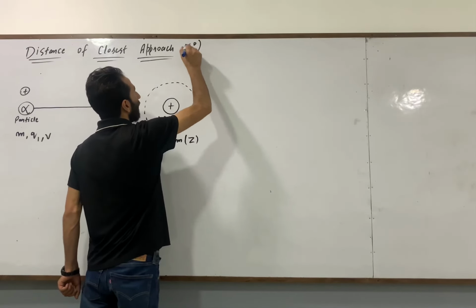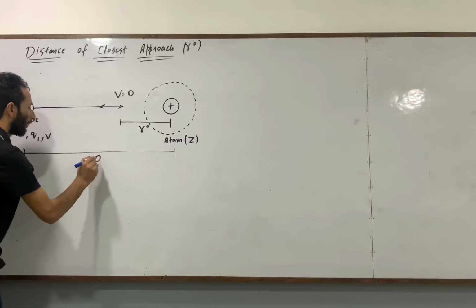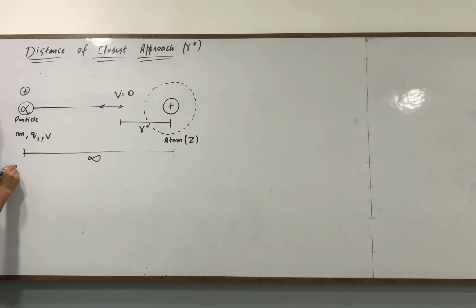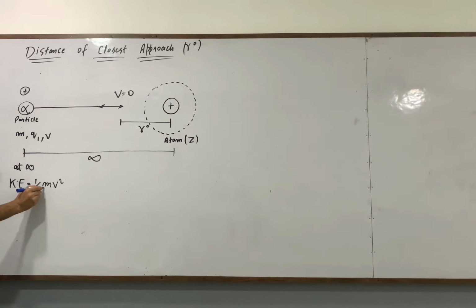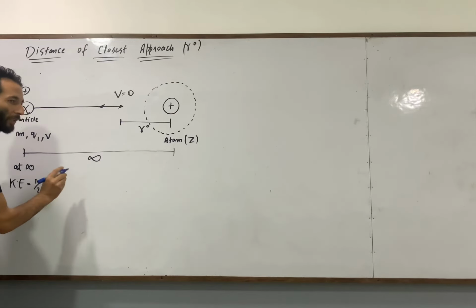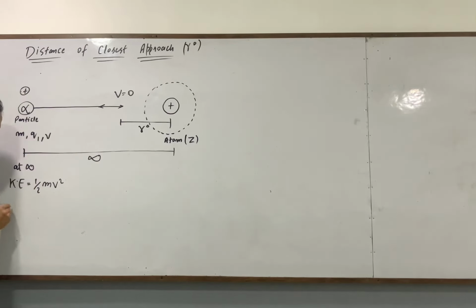Now we have to find the expression for the distance of closest approach. Initially, the alpha particle was at a distance of infinity from the nucleus. At infinity, we can find the kinetic energy of the alpha particle. The kinetic energy will be equal to 1 by 2 mv square, where m is the mass of the alpha particle and v is its velocity. Also, we can find the potential energy at a distance of infinity.